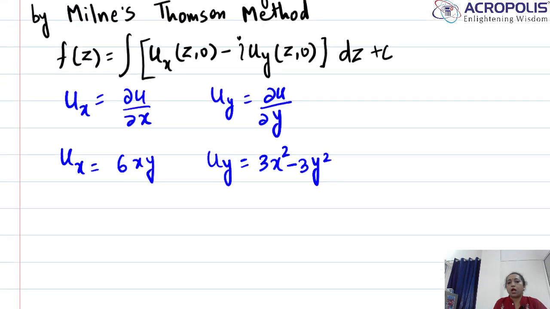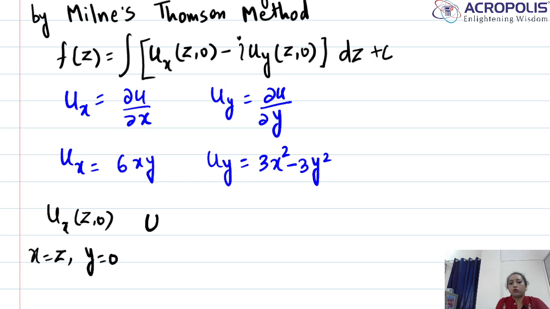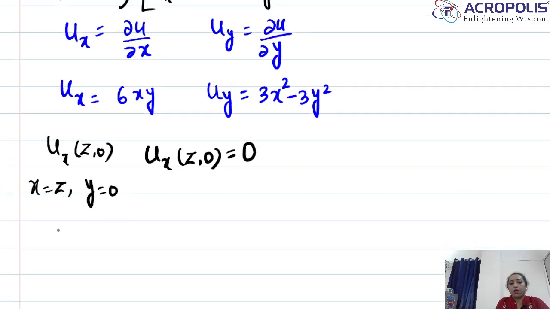Now I have to determine these values in terms of ux(z, 0). That means we have to put x equal to z and y equal to 0. So ux(z, 0) will become 0 here, and uy(z, 0) is equal to 3z square.